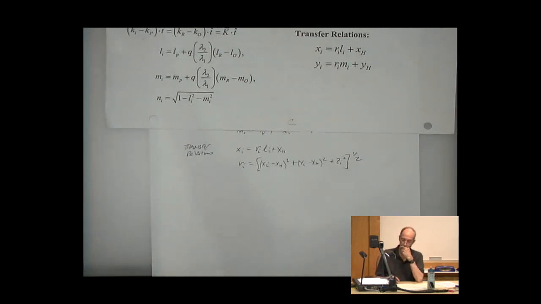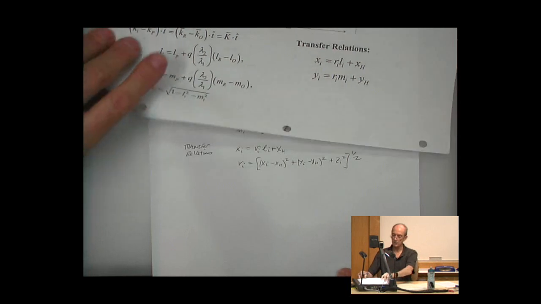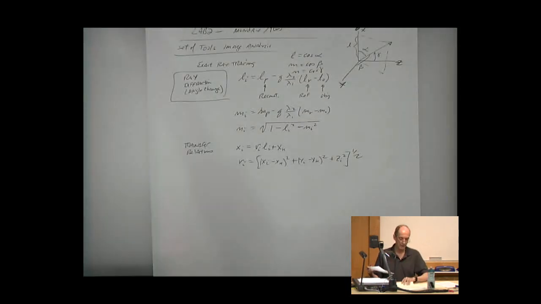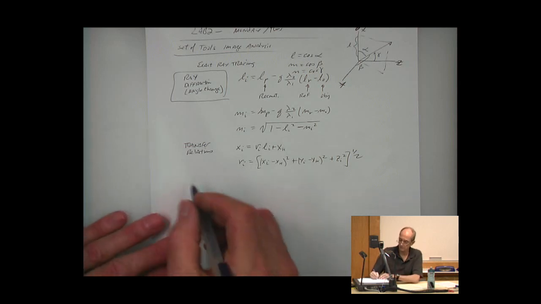All right. So we have these ray trace relationships, and that's great, but we'd like to get a little more feel for, for instance, where should we place our image plane. The basis for our image plane will be the paraxial image location.